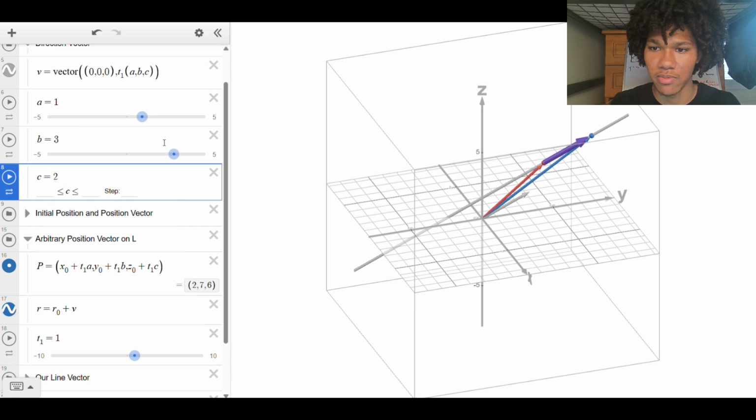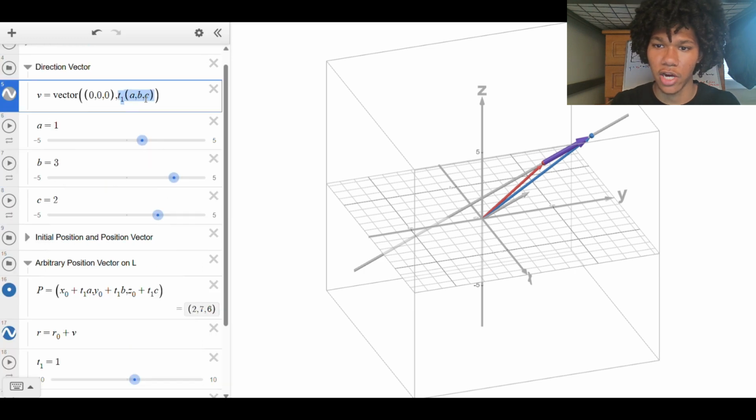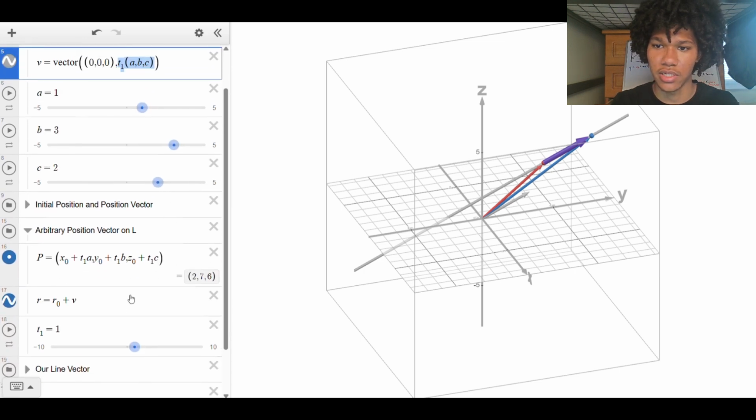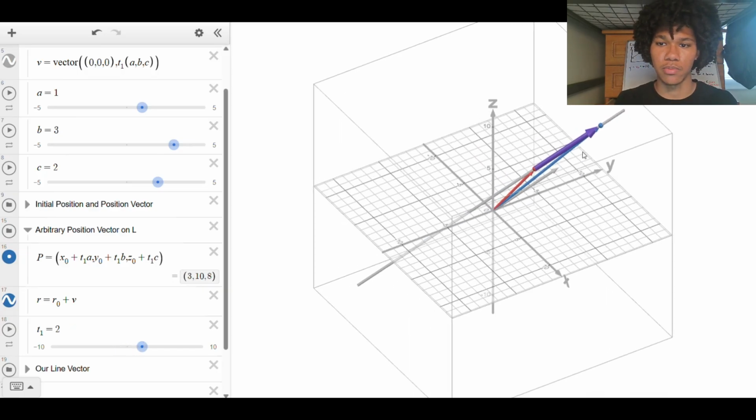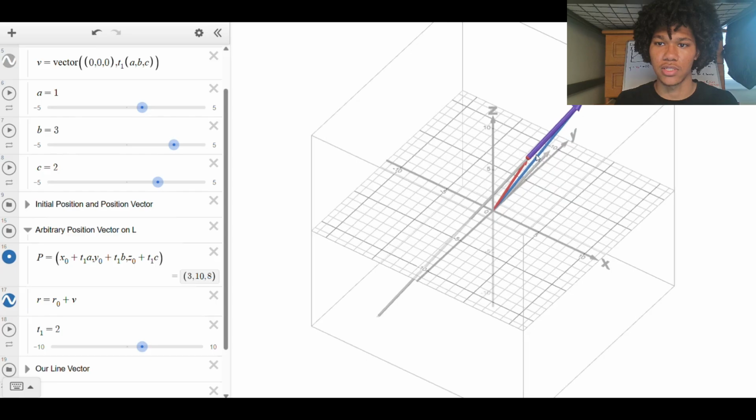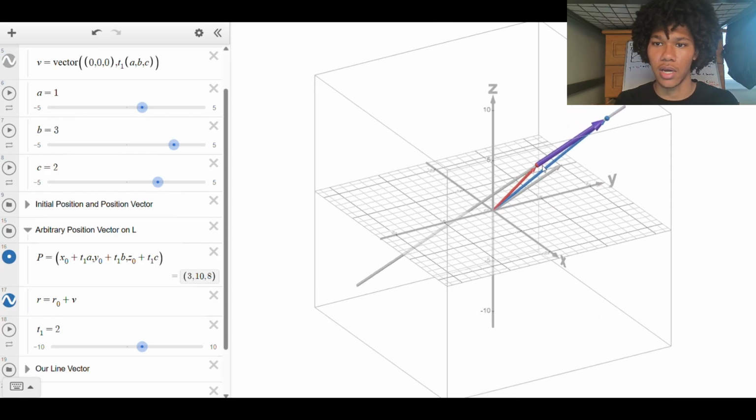I let the length be variable, so that helps in showing how, if you imagine this last side to finish our parallelogram, it'd show how you add multiples of our direction vector to eventually result in our line. We've now found a way to express a line or points on a line how we want with vectors.